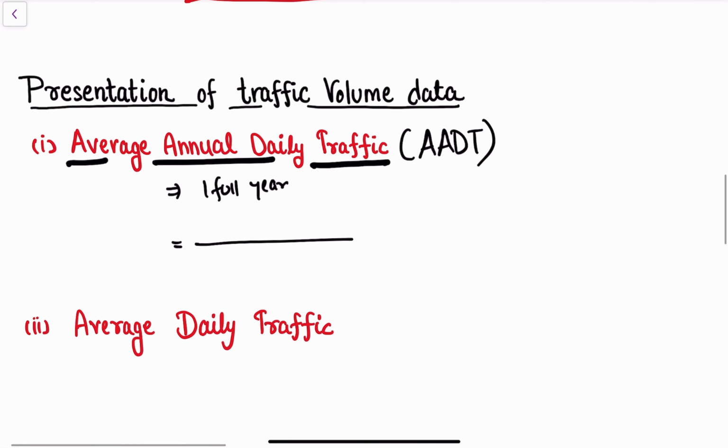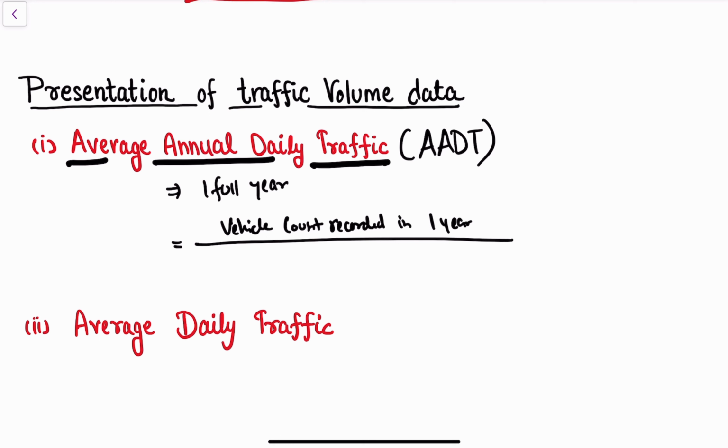So your overall vehicle count in PCU recorded in one full year, when it is divided by 365, because one full year has 365 days, gives you the average annual daily traffic, right?